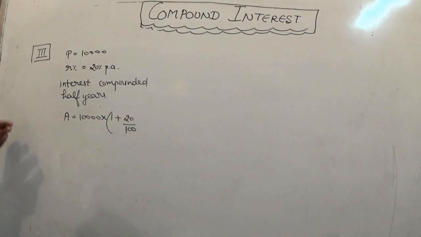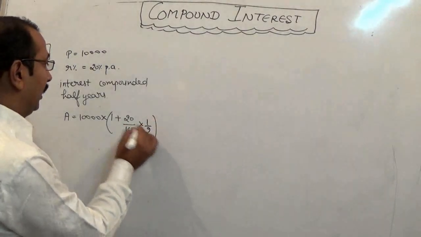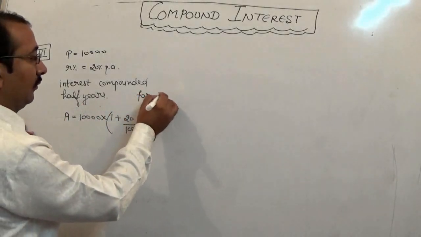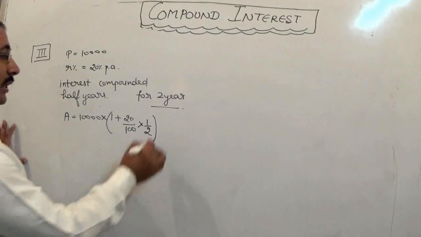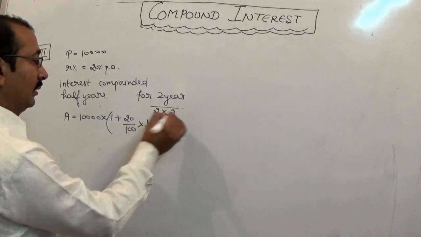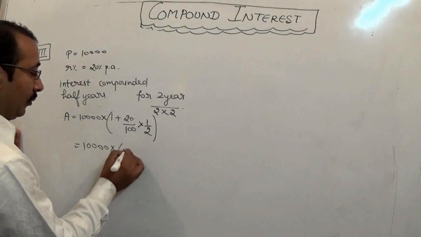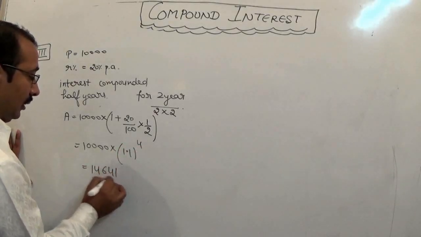Since interest is compounded half yearly, I will make my rate of interest 1 by 2, and I have to find it for 2 years. My timing is 2, so I will make it double. So that would be 10,000 into 1.1 raised to power 4. My answer is 14641 rupees.